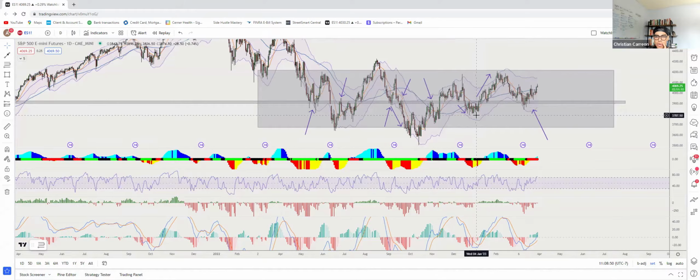And the last time we spoke, I discussed this last breakout higher above 3,900. Let me take off these other arrows, because we were discussing that while we made this last attempt to get above 3,900, we then retested it and held.